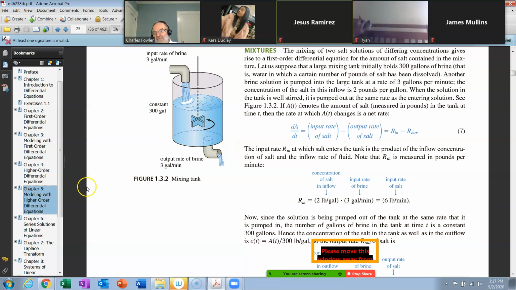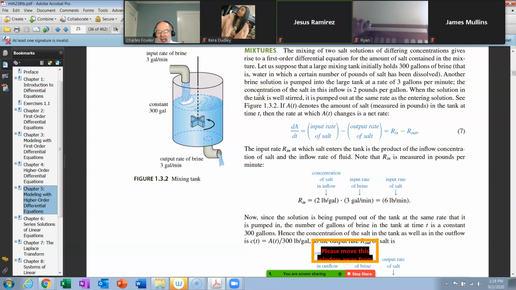So the total in the tank is a constant, 300 gallons. But the brine coming in is a stronger brine than that going out. So therefore the quantity in the tank is actually increasing in salinity.